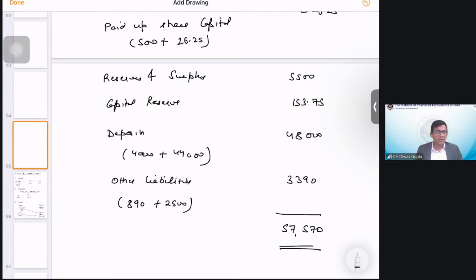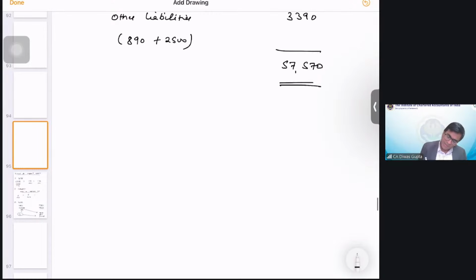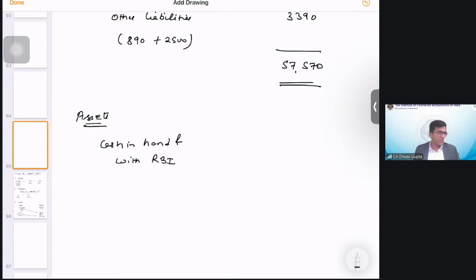This is done. Then let's come to the assets side. In terms of assets, we will start with cash in hand and with RBI, keeping the nomenclature the same as given in the question. This is 400 plus 2,500.